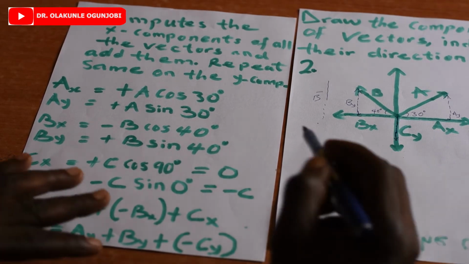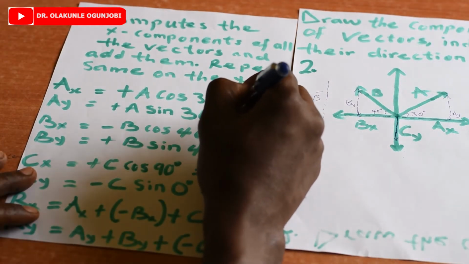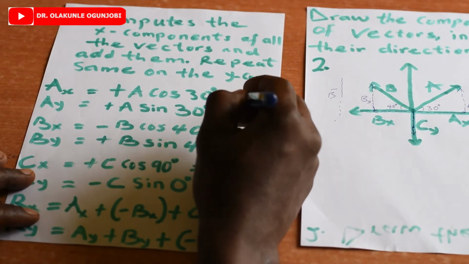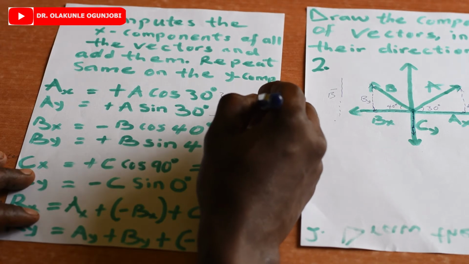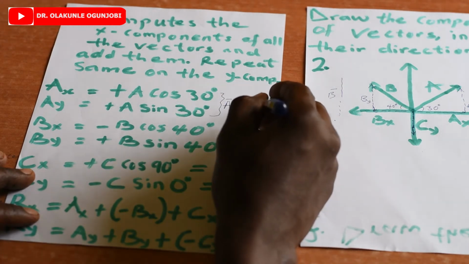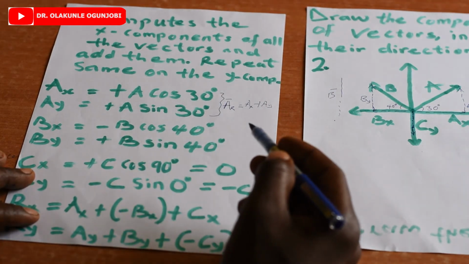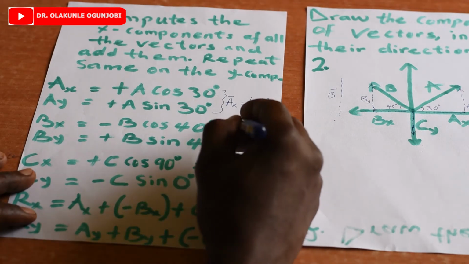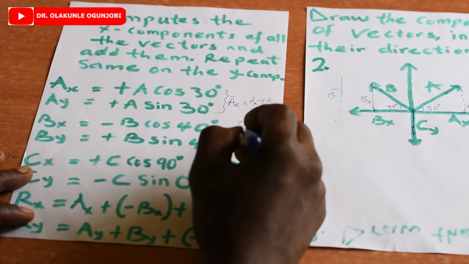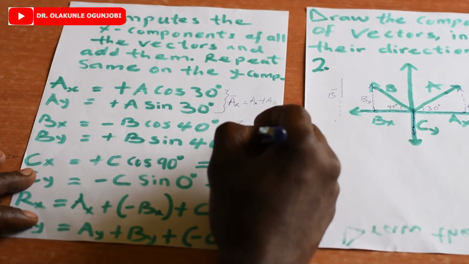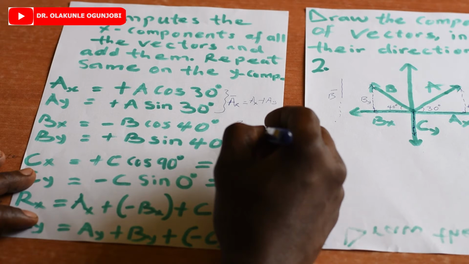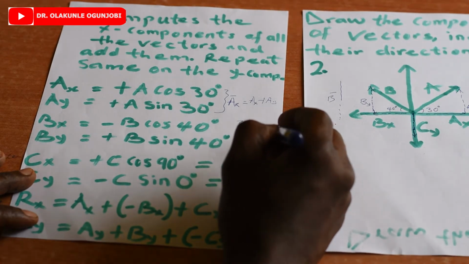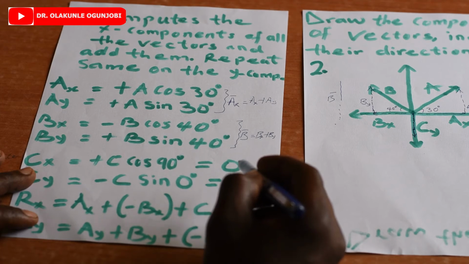So vector a in this case, that is the resultant vector in this case, will be equal to ax plus what? Plus ay. All right. So you can also resolve vector b in this manner. You can also say bx plus by.